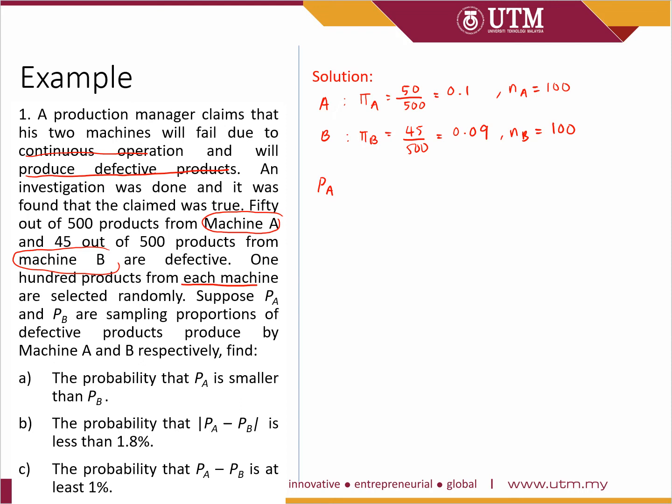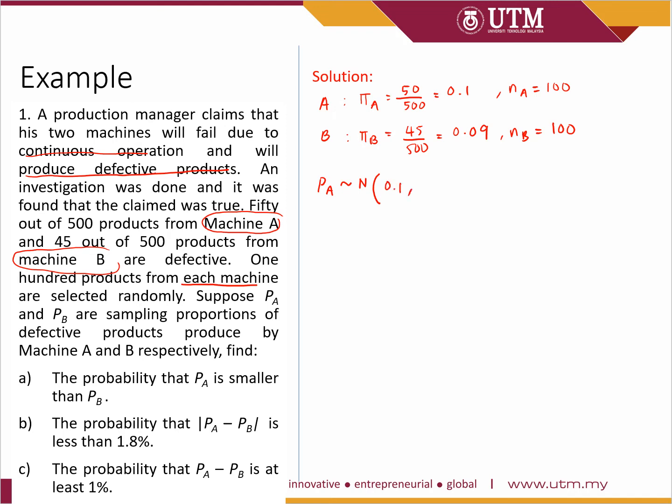If we write down the distribution, the mean of PA would be equal to the population proportion from machine A, which is 0.1.